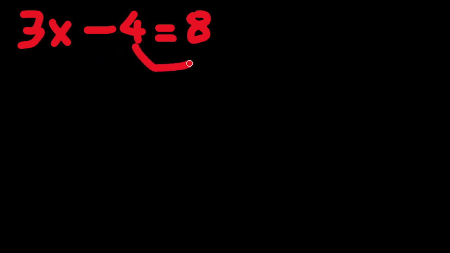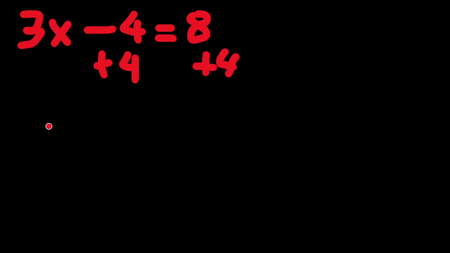So we have to bring 4 to the other side. So what we're going to do, if we have minus 4 there, we're going to put a plus 4. And on the other side, we have to do the same, plus 4. So next we'll have 3x.